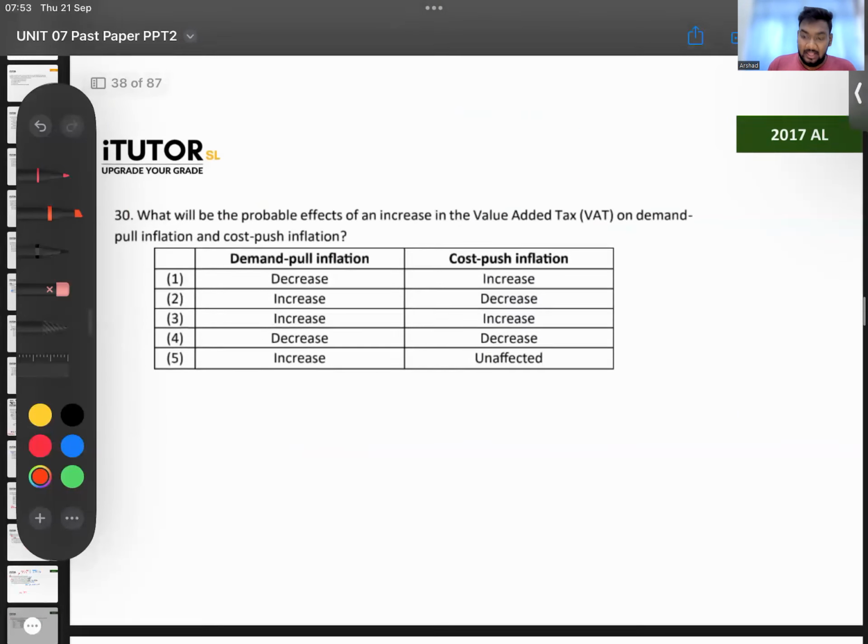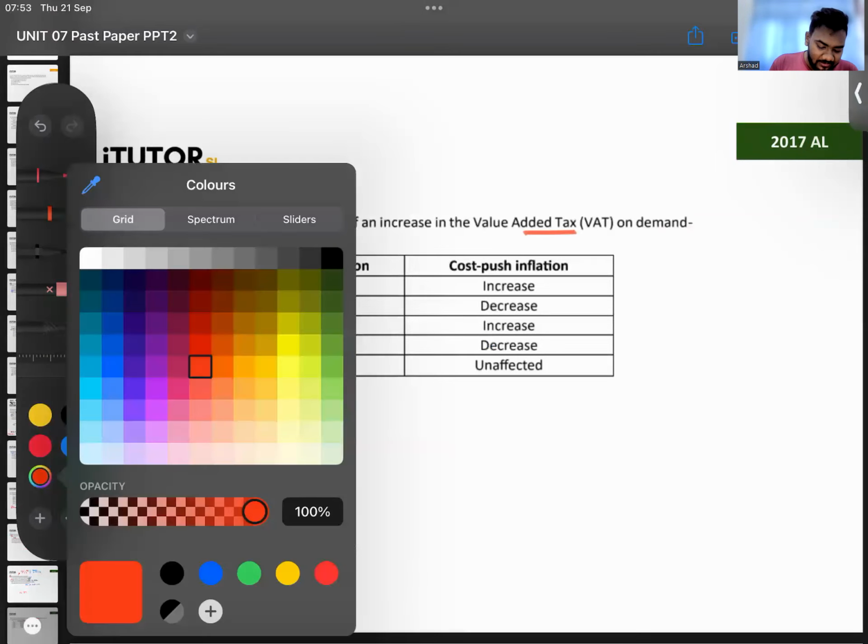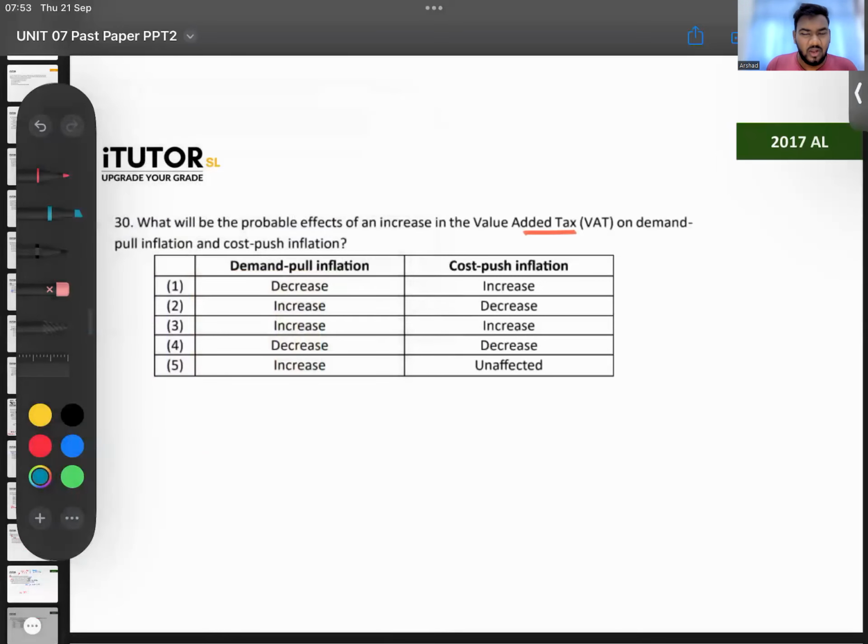Okay. Look at this. What will be the probable effects of an increase in VAT on demand pull inflation and cost push inflation? We'll think of the demand side first. Recently, you would have seen a lot of companies now charging VAT. Because a lot of companies are charging VAT, what happens to your consumption?